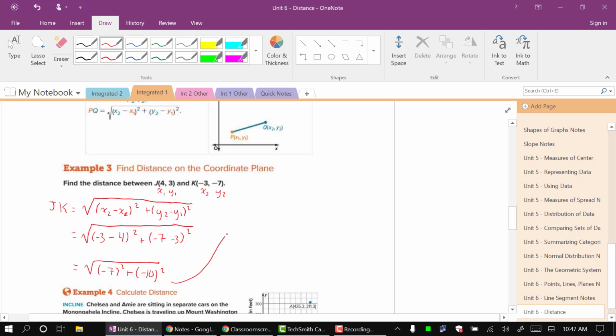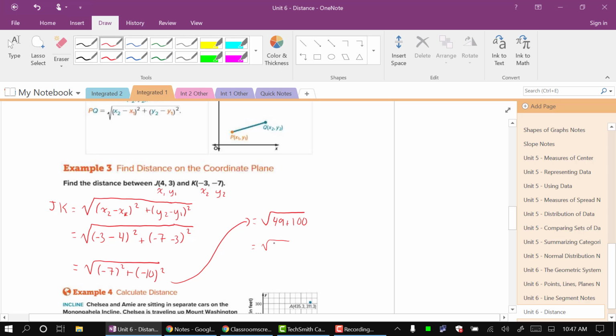So this gives me the square root of negative 7 squared, which means negative 7 times negative 7, which is 49, and negative 10 times negative 10, which is 100. Add those two together.